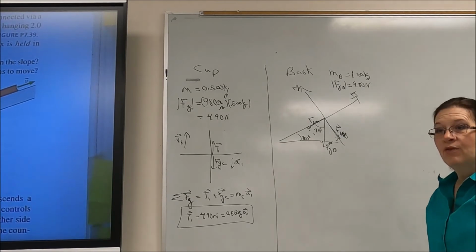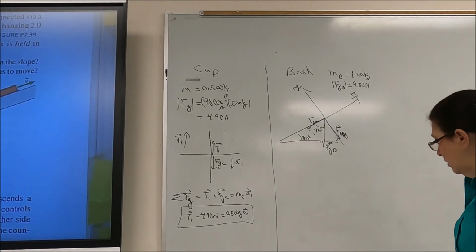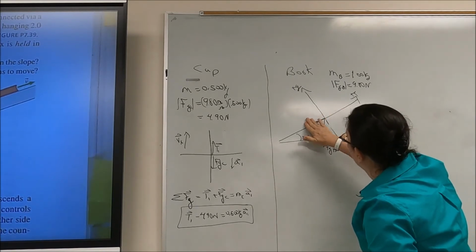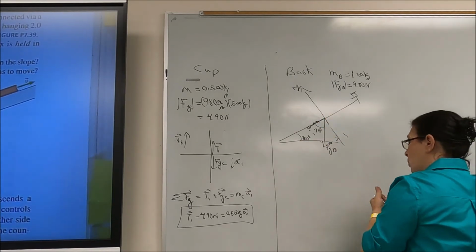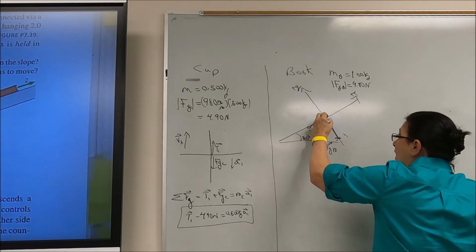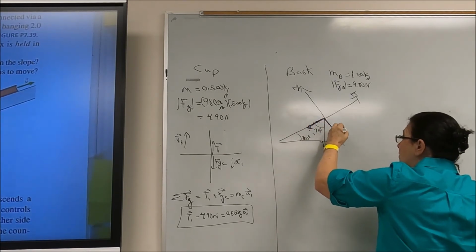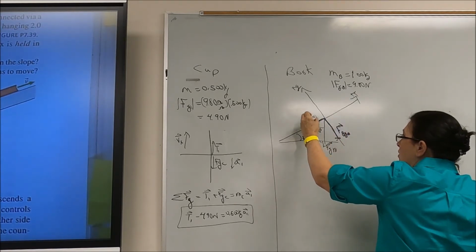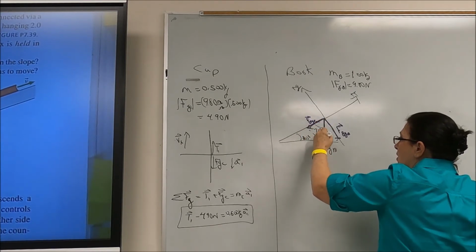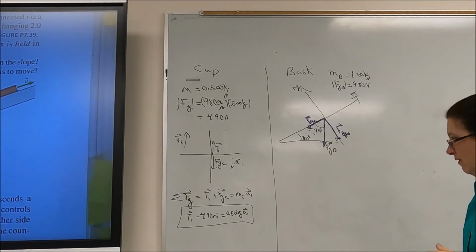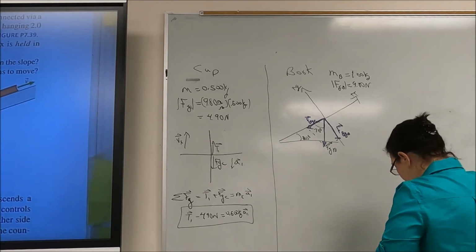Now, if I was doing this for myself, in fact, I'm going to do it for you guys too. I have a tendency to work with colored pens or colored pencils, and I would probably do this force due to gravity Y direction for the book, force due to gravity X direction for the book, and force due to gravity on the book. So I know that those are component vectors. Okay?